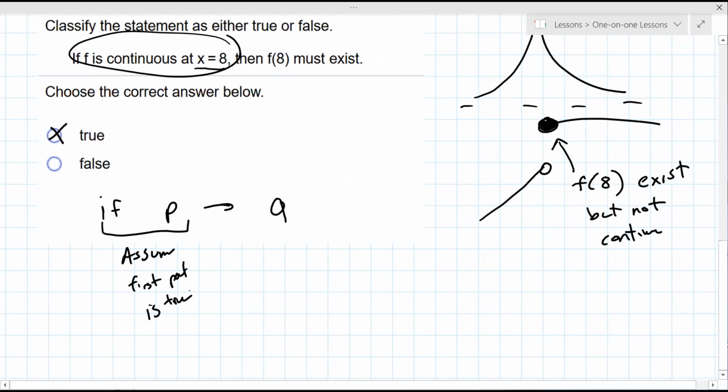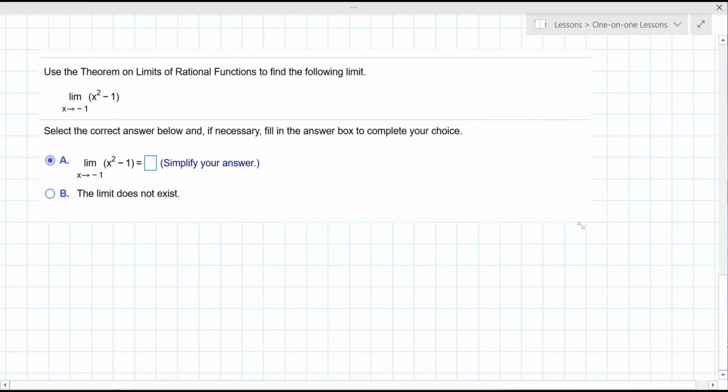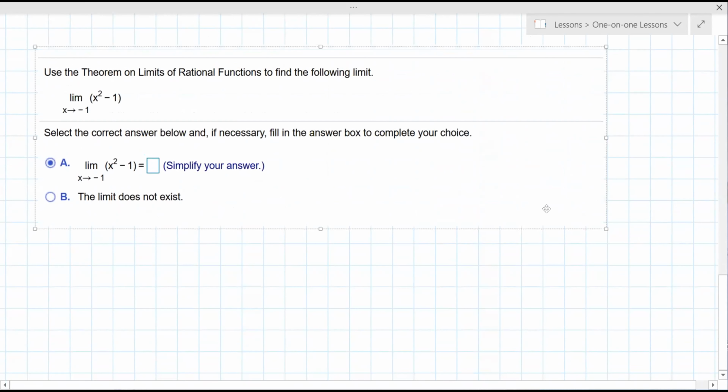But if it's backwards, if f of 8 exists, is the function continuous? So you're always looking for that counterexample. I'm sorry, I don't feel like that explanation is very good. It's hard when it's true, because when it's true you have to prove it, and when you prove something, it's very mathy, and that's not what you're looking for. You almost want the one that's false, so you find an exception to it.